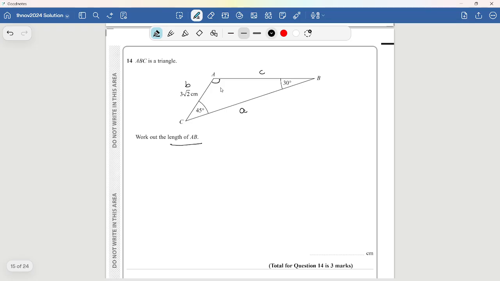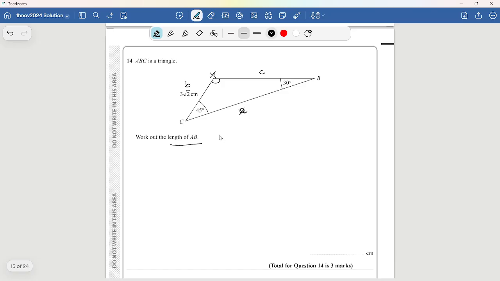We don't need this A. We are not using that. So we just are concerned about these two angles and these two sides. So we can use the sine rule here with these b and c as the sides and the angles.